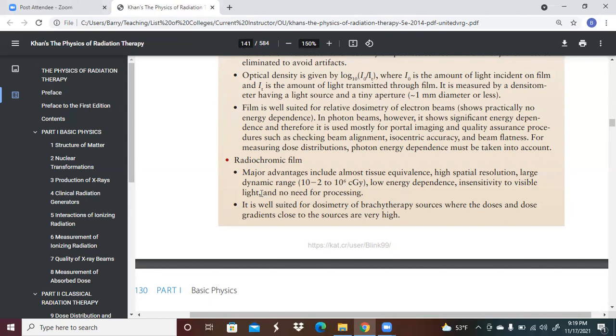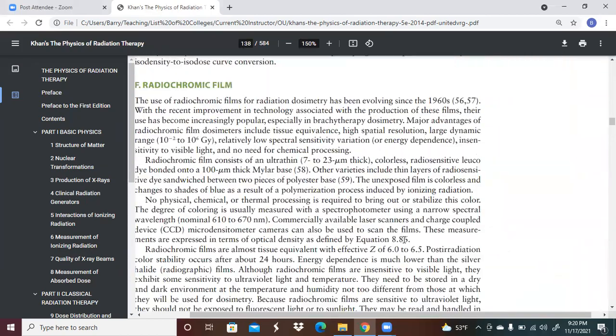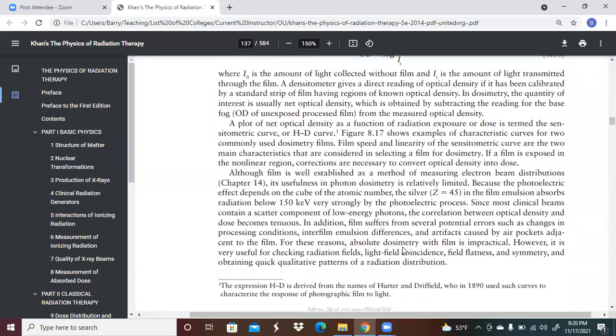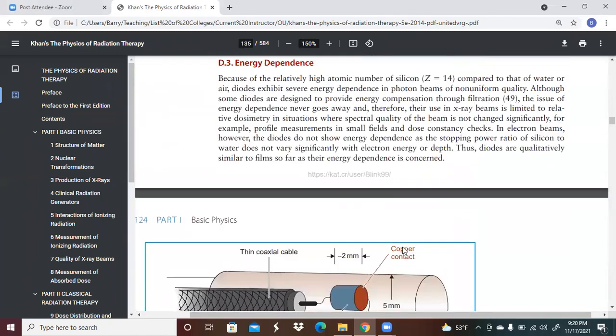Insensitivity to visible light, so exposure to visible light is not necessarily a thing that will worry you, and there's no need for processing. It is well suited for dosimetry of brachytherapy sources where the doses and dose gradients close to the source are very high. That's one of the things about film: it will pick up gradients quite easily, and not every detector out there is really set up to do that.